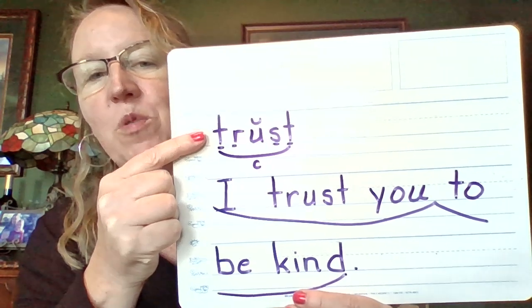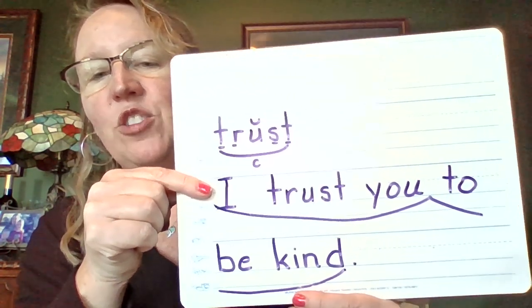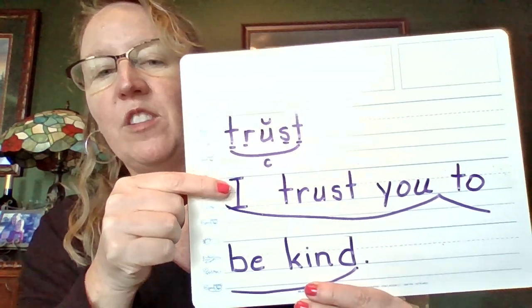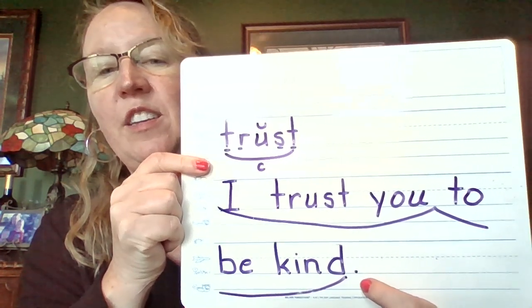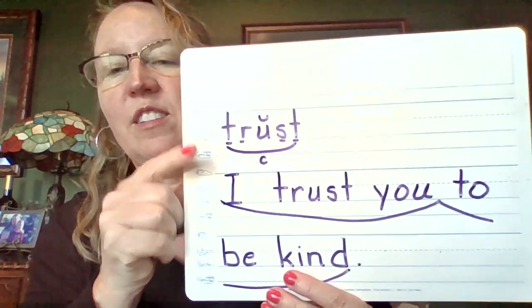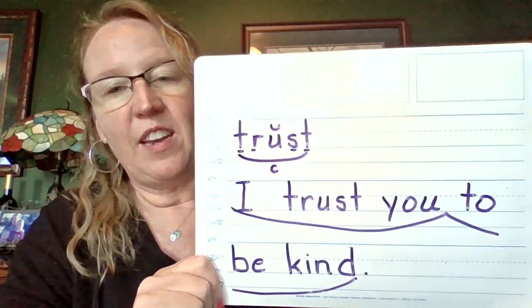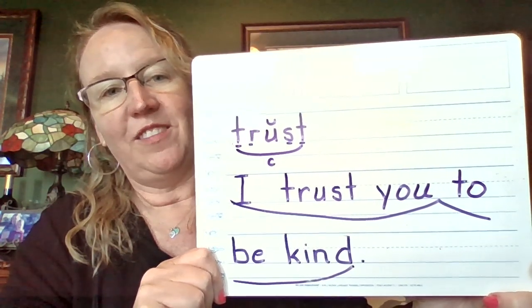And I want you to mark up the word like I have it. Write in the sentence, I trust you to be kind, and then scoop it up. There's that capital I. Here is our period. Okay? So you can pause this right here and go ahead and write that in. And then we are going to do some dictation.